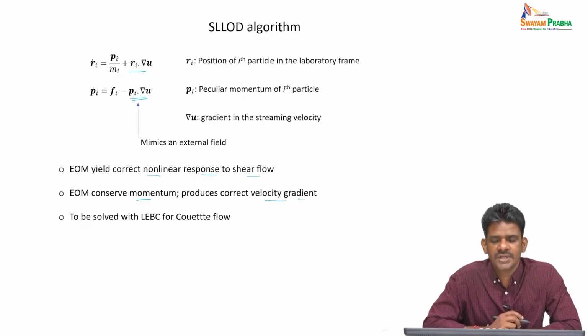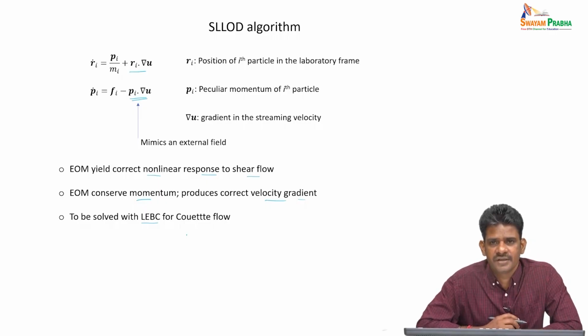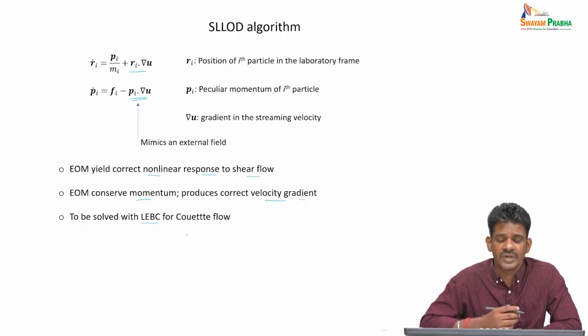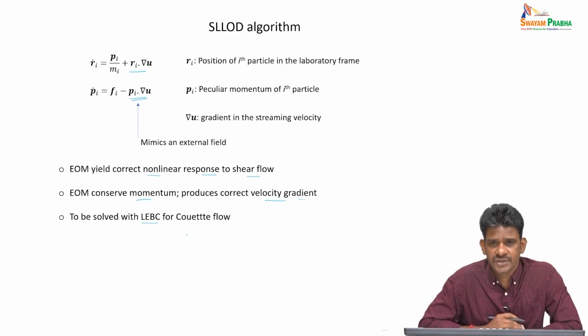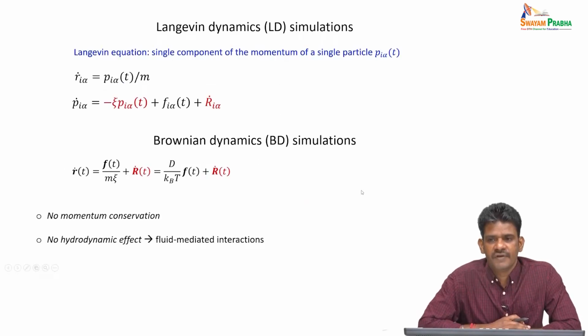And these equations, which are known as the SLLOD algorithm, have to be applied along with the Lees-Edwards boundary conditions, so that the boundary effects are taken care of accordingly. And one can think of a similar algorithm for extensional flow as well, even though we did not discuss it in this course.